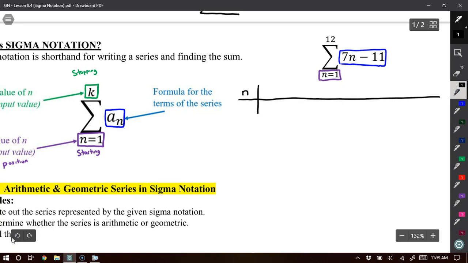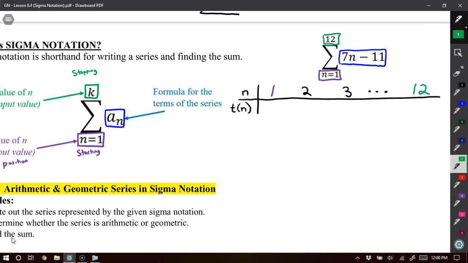I have my position, I have the term at that position, and we're going to start at position 1. We're going to count up to position 2, we're going to count up to position 3, and we're going to keep going until we reach this position. So my last input is going to be 12. That shows you the positions that you're going through for the series.